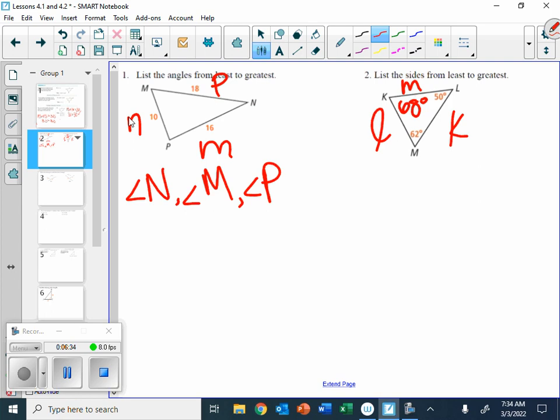L. So that means side L is going to be smallest. Angle L is 50 degrees, so side L has to be the smallest. Okay, which side's next? M. Angle M is 62 degrees, that's the second smallest, that means side M has to be the second smallest. And then of course that leaves K as last.